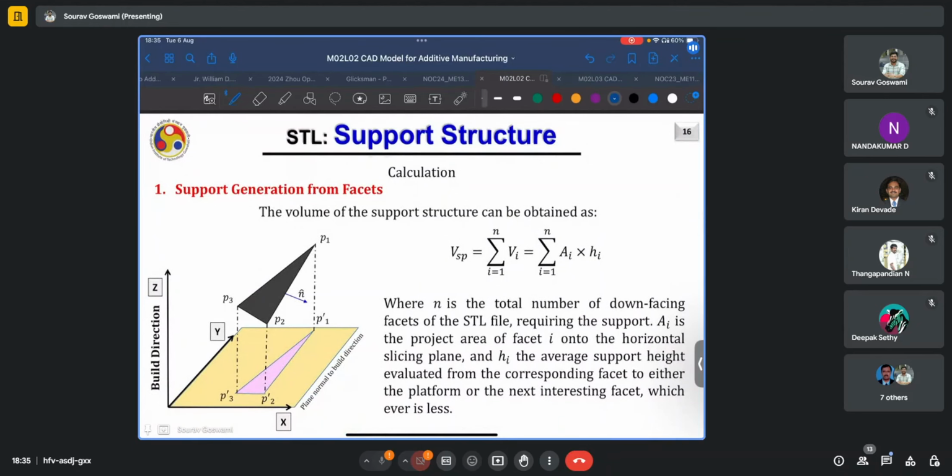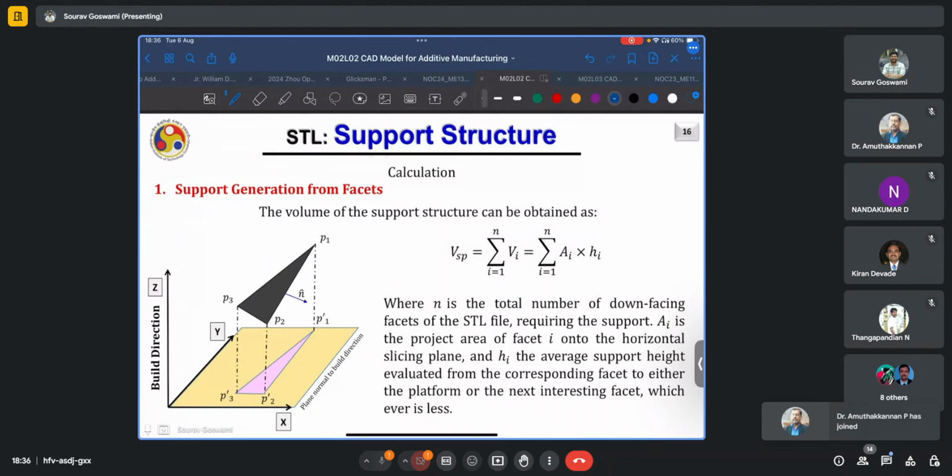Also, if we are to go by this paradigm, we can explicitly calculate the volume of the support structures which it will generate. In this case, it will be the summation from 1 to n, n being the number of such triangles identified in the previous step, times the volume of the support subtended by each such triangle, which will simply be the area of the triangle times the average height.